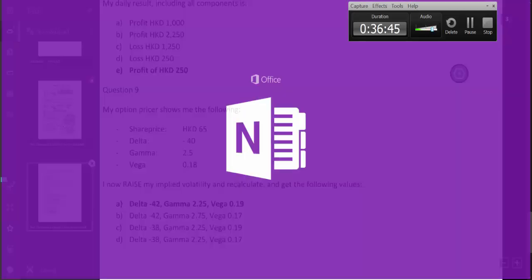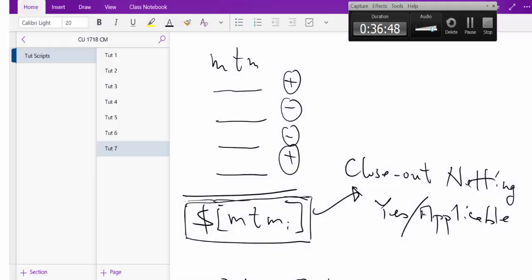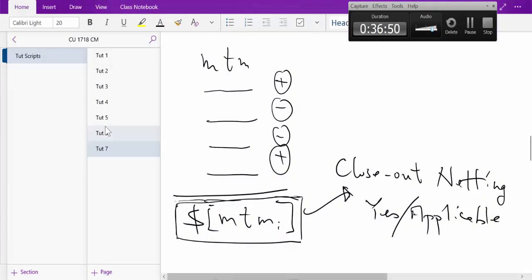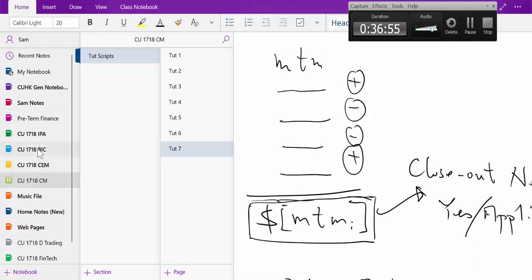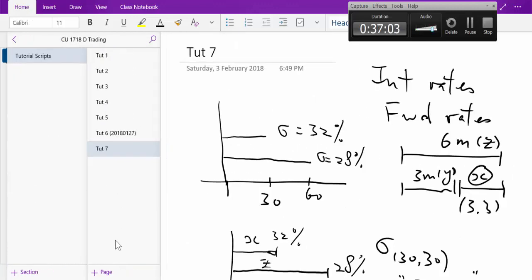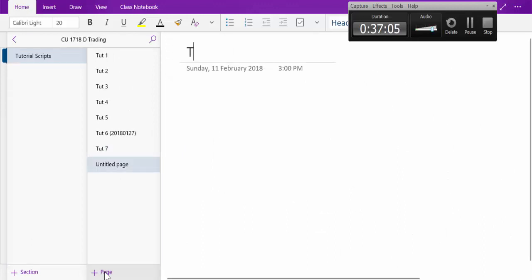let me try and draw this here. Vega is a measure of how sensitive your option price is when volatility itself changes.